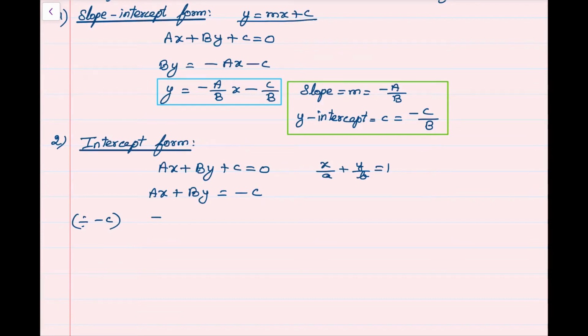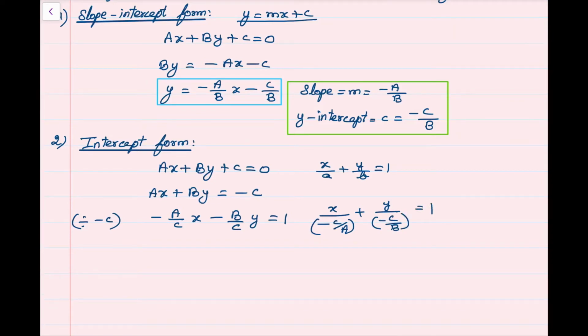We get minus a by c times x minus b by c times y is equal to 1, which can be written as x divided by minus c divided by a plus y divided by minus c divided by b is equal to 1.